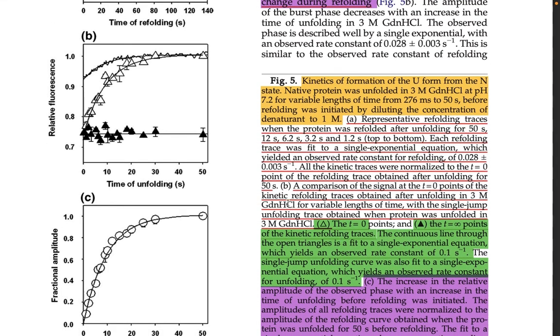B starts from here. The comparison of signal at t equal to 0 points of the kinetic refolding traces obtained after unfolding in 3 molar guanidinium hydrochloride for variable length of time. So see, this is first unfolding and then refolding. This is the experiment.